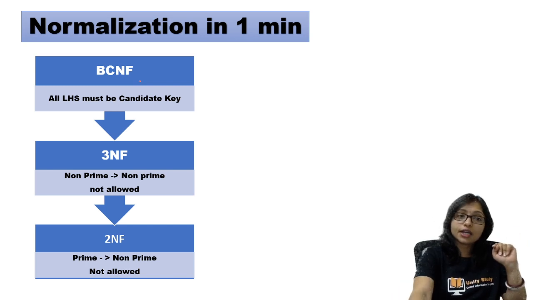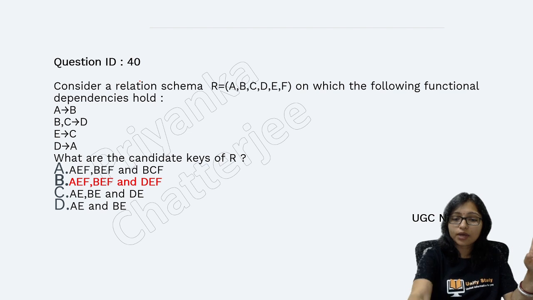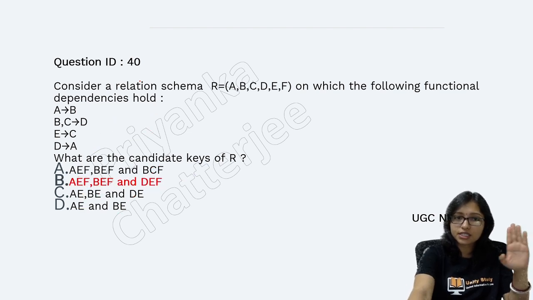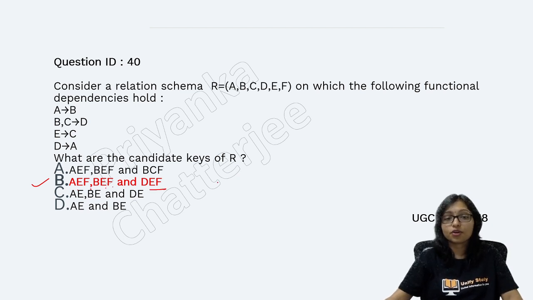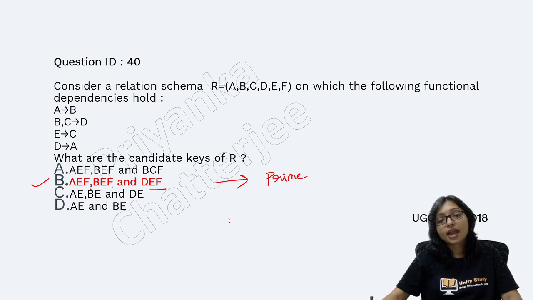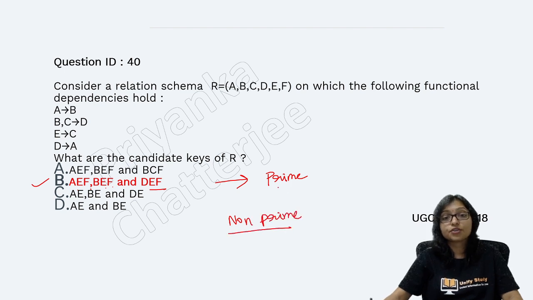See, already we did the candidate key here, right? In the last question we did just now, we got our candidate keys. So your candidate keys are AEF, BEF and DEF. From these you have to prepare the list of prime attributes and non-prime attributes. What is a prime attribute?